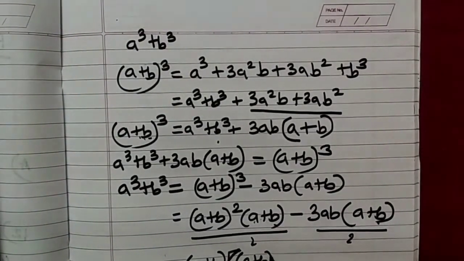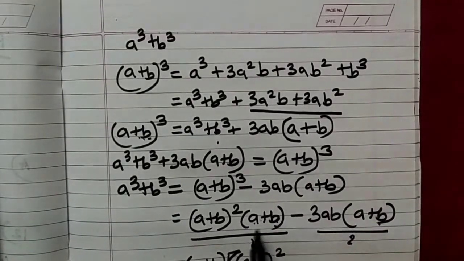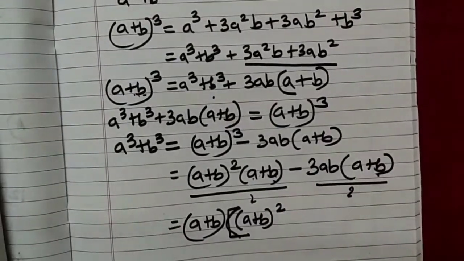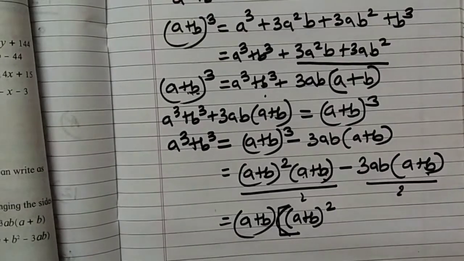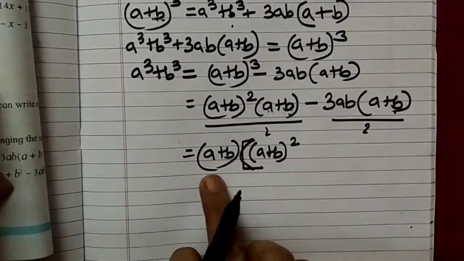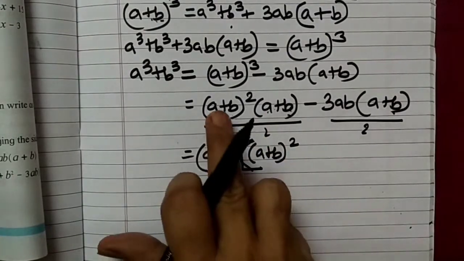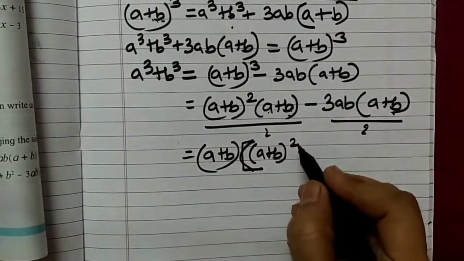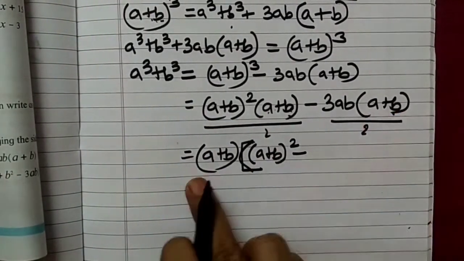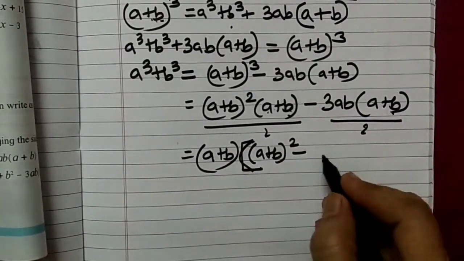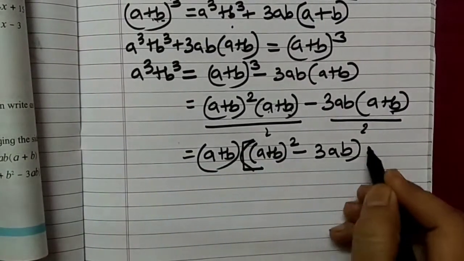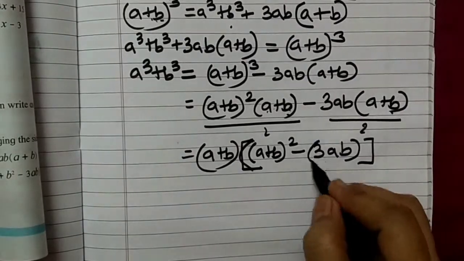Now this (a plus b) has come out. Sorry, I'll just shift the camera. This (a plus b) has come out from here. This (a plus b) is over here. What is left is (a plus b) whole square minus. Now this (a plus b) also has come out, common I have taken. So minus 3ab.